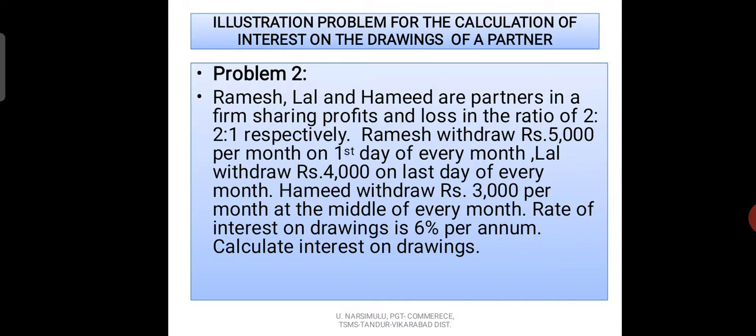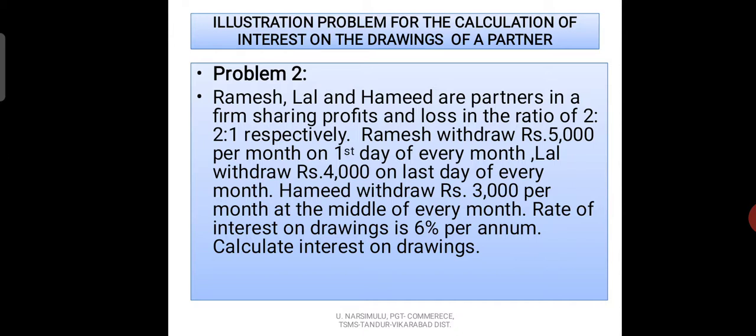In this example problem, all the three situations are covered, and we can apply all three rates of interest. See here, Ramesh, Lal and Hamid are partners in a firm sharing profits and losses in the ratio of 2:2:1 respectively.